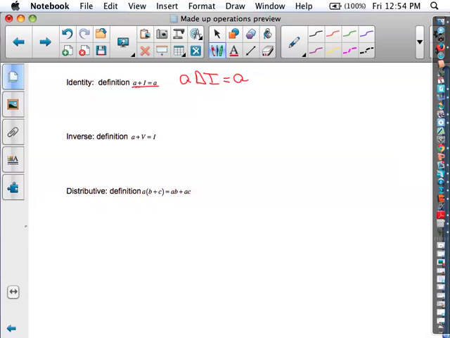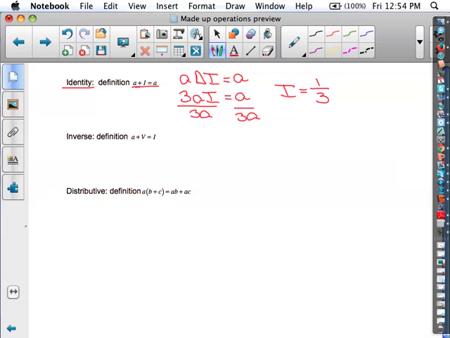Well, I know that by definition of the operation, A delta I is going to generate 3AI equals A. Solve this for I because you're looking for the identity. So divide by 3A. So I is equal to 1/3.